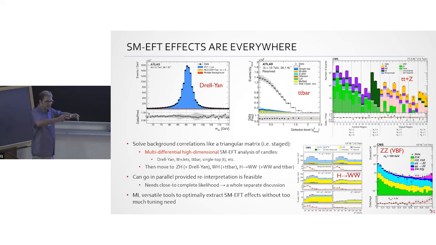But here you have a very sensitive, very interesting process swimming in a pool of tt bar and WZ, and that could wiggle. So one needs to be very careful with correlations and assumptions, because if you want to be optimal, if you want to be global, things are involved. And finally, we can do this little signal here on top of an enormous background, where the background is a factor 10 higher. Of course, the analyses can go in parallel. It's just the constraints that are triangular.